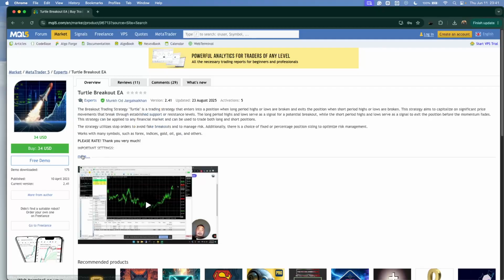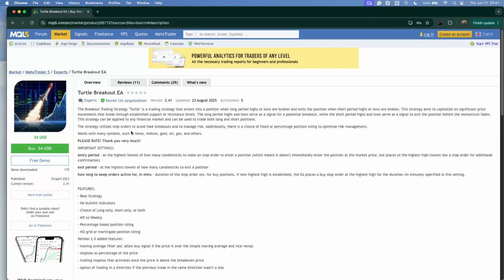Now, talking about the overview of this Turtle Breakout Expert Advisor, it follows the famous turtle strategy, meaning that it enters into positions on breaks of long period highs or lows using stop orders for confirmation, and exits happen when price breaks shorter period highs or lows in the opposite direction. This lets winners run while cutting momentum fades.